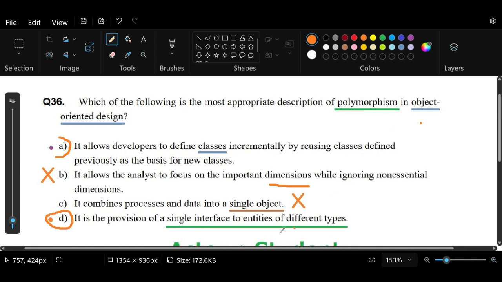However, it turns out that the correct answer is supposed to be letter D, which says that it is the provision of a single interface to entities of different types, which I think maybe says a lot more about the fact that the new classes should have some kind of relationship other than reusing the code, reusing the attributes and behaviors.